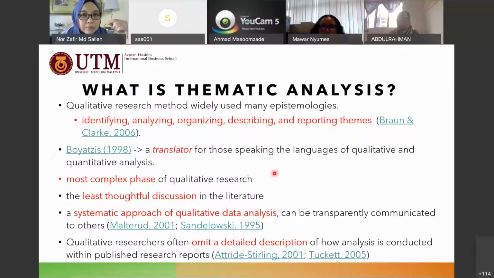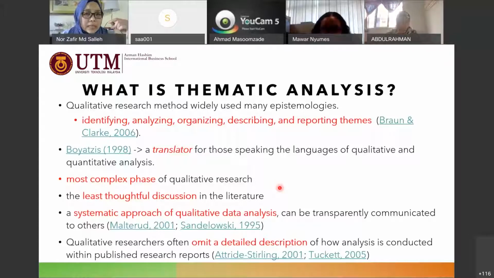There are some steps that you need to follow, and this time I'm going to share the thematic analysis steps. But sadly it is the least thoughtfully discussed in the literature.